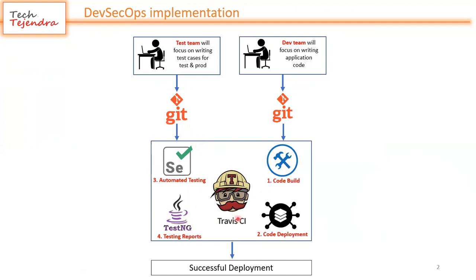Then we will have Travis CI. Travis CI first gets the code from the developer Git and builds the code. It gets all the test cases, executes the Selenium script, and generates the testing reports. Based on the testing reports, if all the test cases are fine, then it will go ahead and can deploy the code.